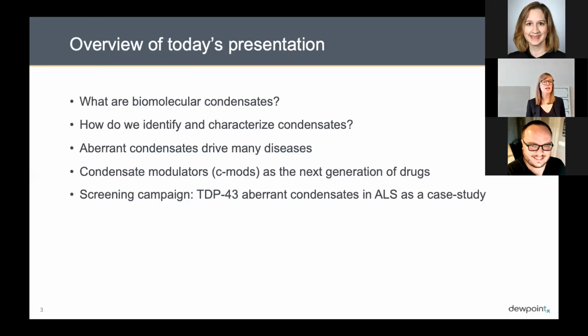We will start by talking about what biomolecular condensates are and how we identify and characterize them, before we dig into how aberrant condensates can drive many diseases, and how modulating these aberrant condensates with small molecule drugs called CMODs can be a next generation of drugs. Finally, I will present an in-house screening campaign approach to find hits to target aberrant TDP-43 condensates in ALS as a case study.